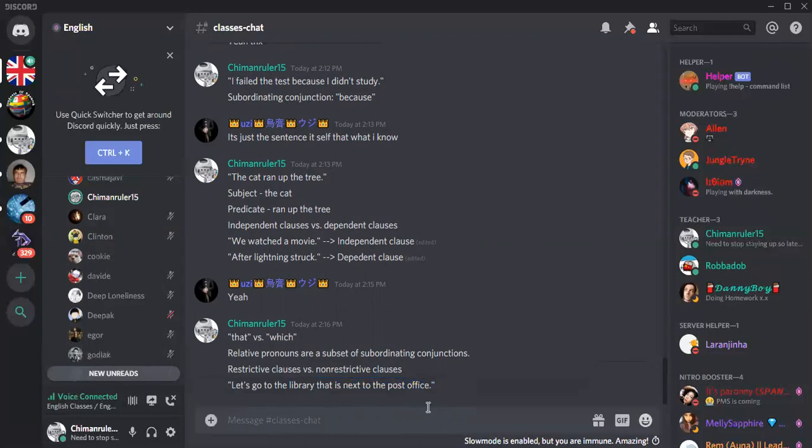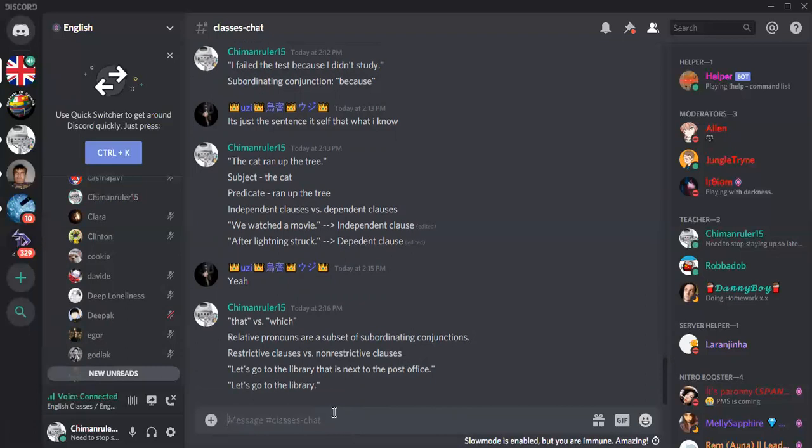It restricts what we're talking about. And I know this because if you take this part out, you would just have let's go to the library. But now you've changed the meaning of the sentence. We don't know what library you're talking about. You could be talking about any library. So that's why we call these restrictive clauses, because they limit what you're talking about.